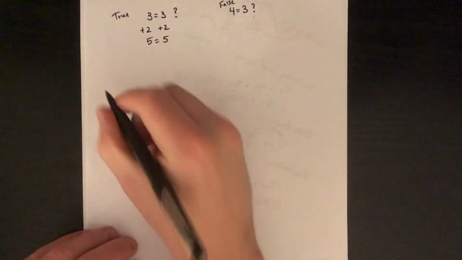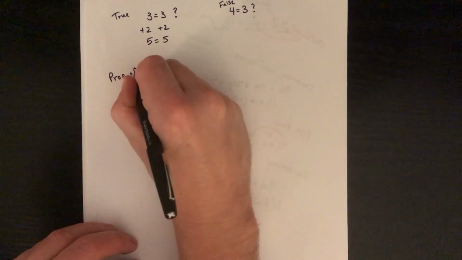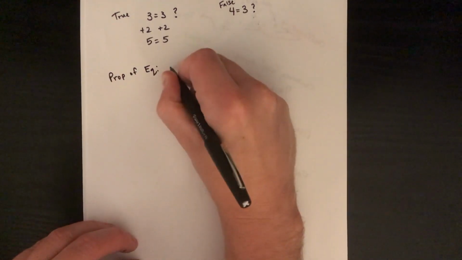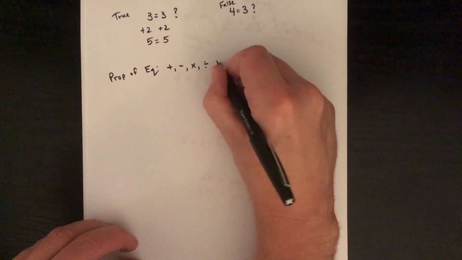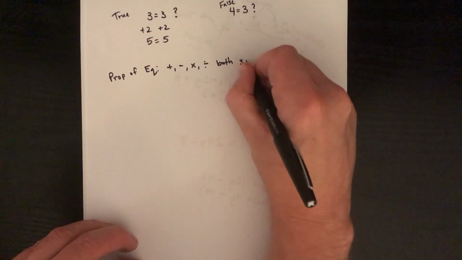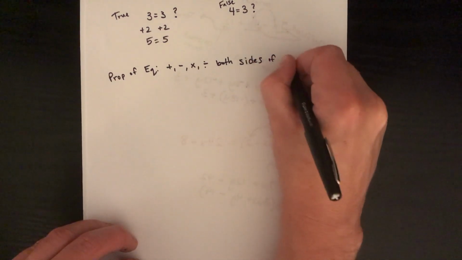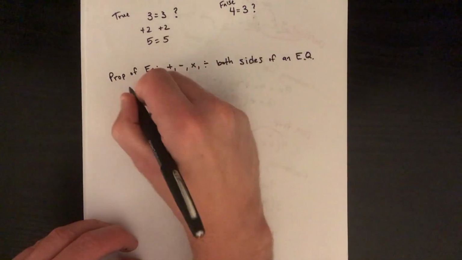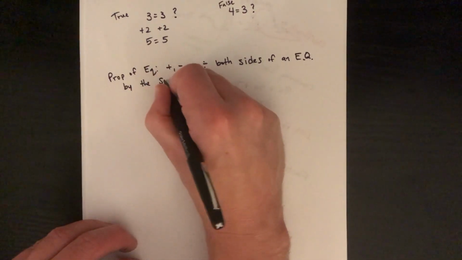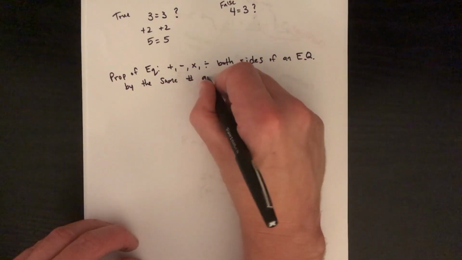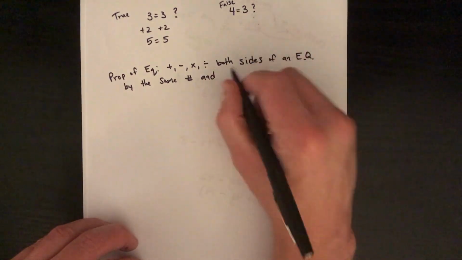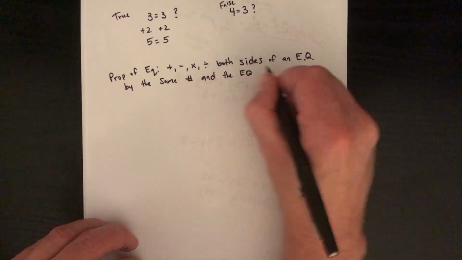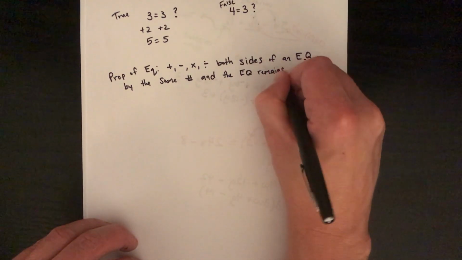I did that with addition and subtraction and multiplication and division, and that gave us the properties of equality, which is essentially the idea that you can add, subtract, multiply, and divide both sides of an equation by the same number, and it stays true, assuming it was a true equation to begin with.